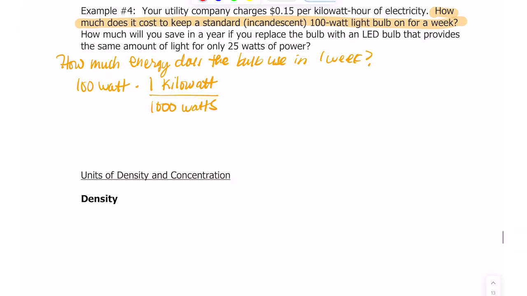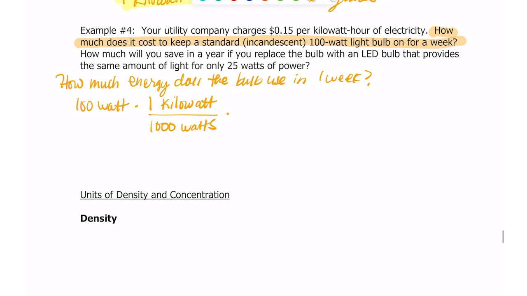All right, so back to this. I'm looking for how much energy the bulb uses in a week, so I have to make sure I incorporate 1 week there. And what do I know about weeks? Well, there's 7 days in 1 week. So right now my watts are canceling, my weeks are canceling.